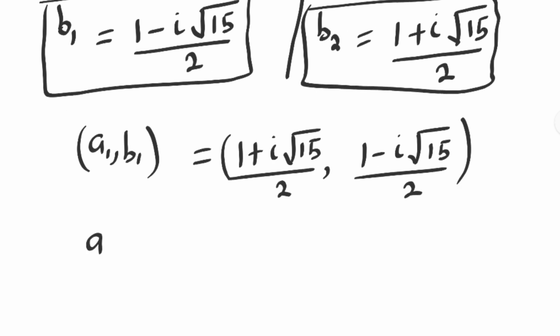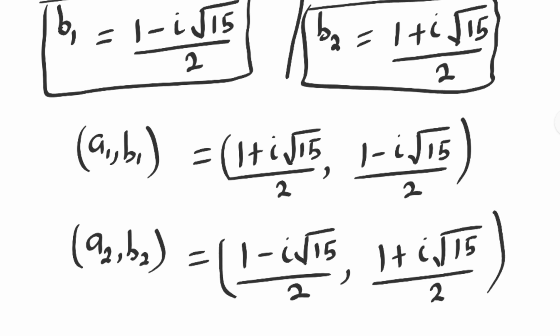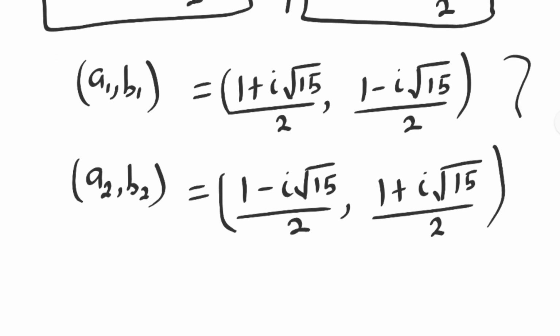Then a2, b2 is equal to 1 minus i square root of 15 over 2, 1 plus i square root of 15 over 2. These are the final answers.